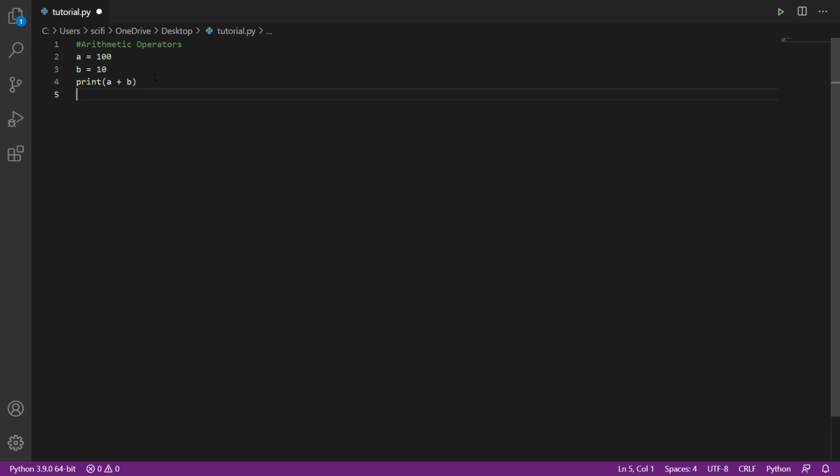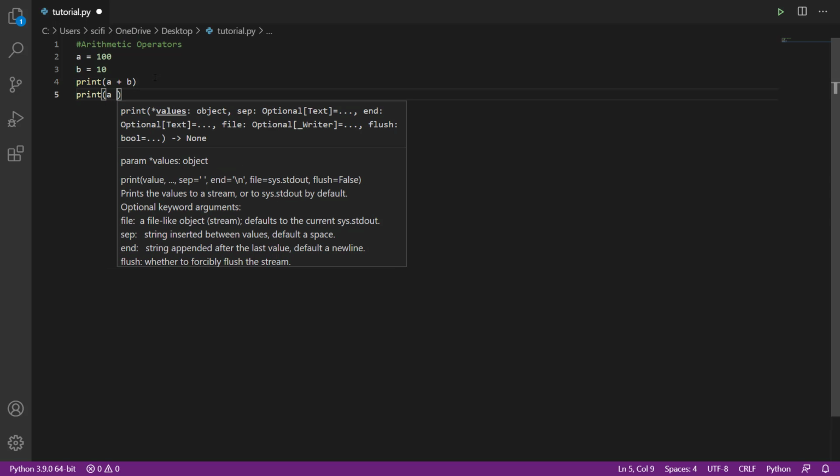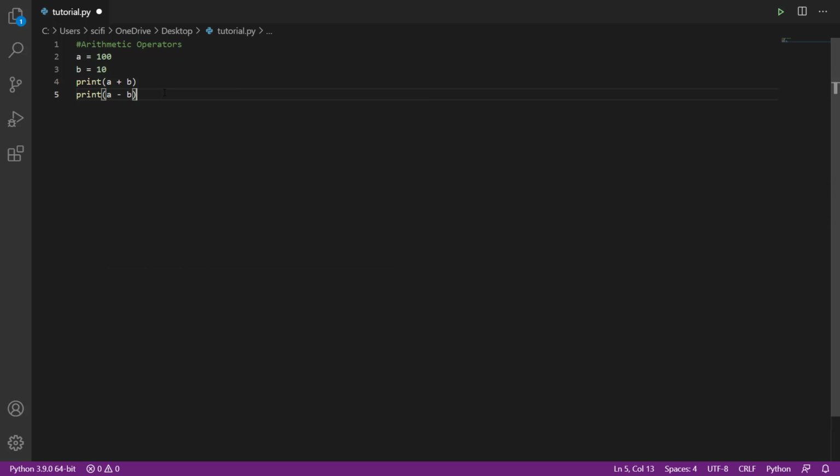The second one, a minus b. Similarly, the third one, multiplication, then division, then modulus, then exponentiation, and then floor division. Let's see the result of each of these.